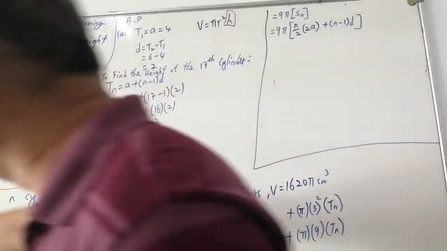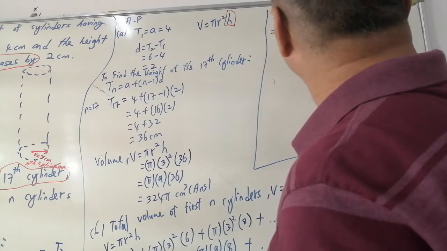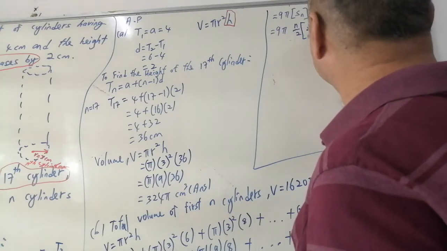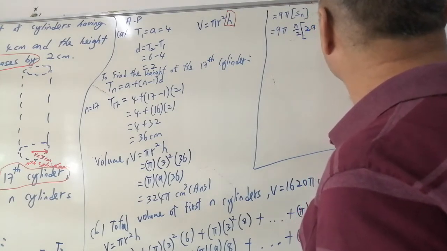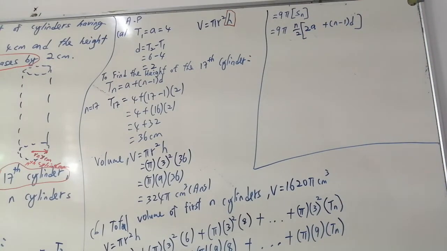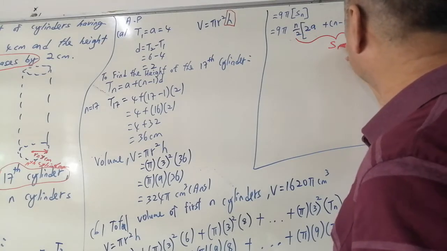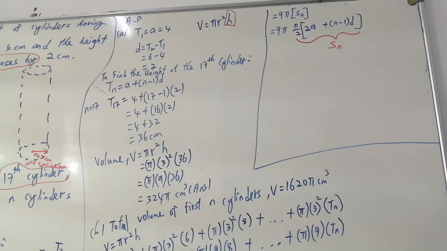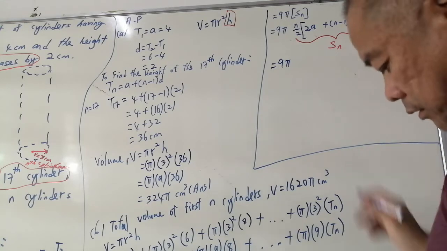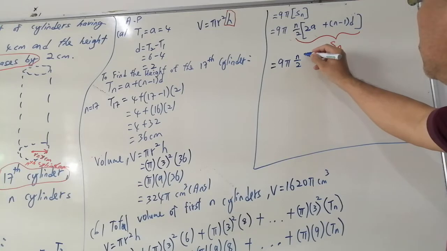The general formula is n over 2, 2a plus n minus 1 d. This is your general formula for the sum of the terms, Sn. Then what happens here? Now, 9 pi, then n over 2.